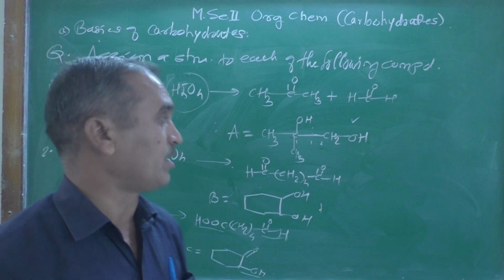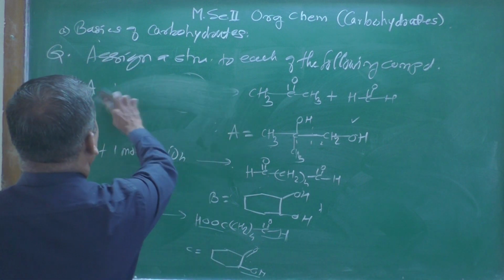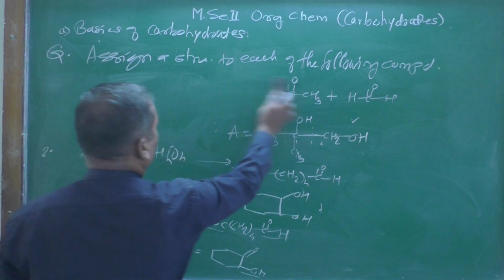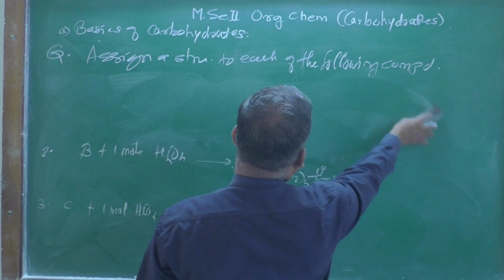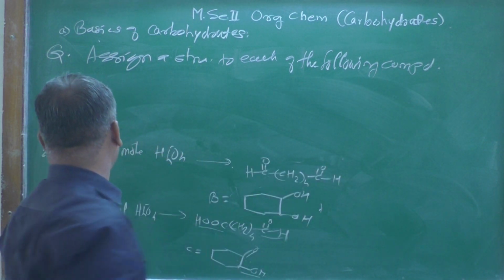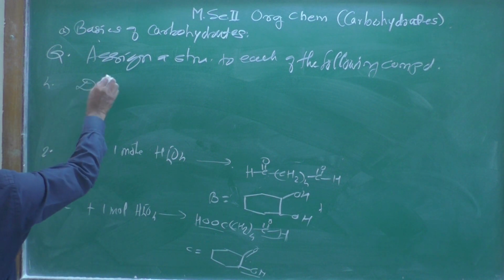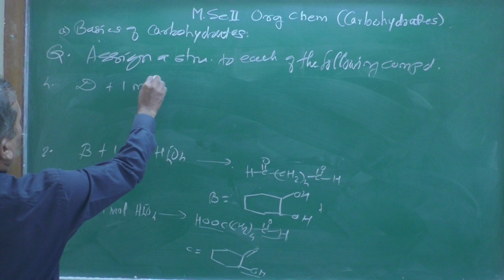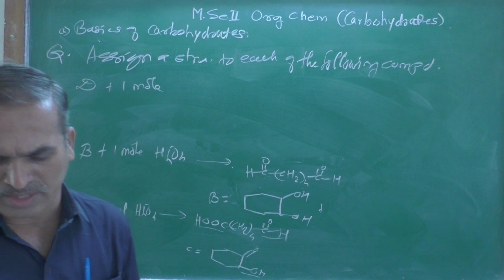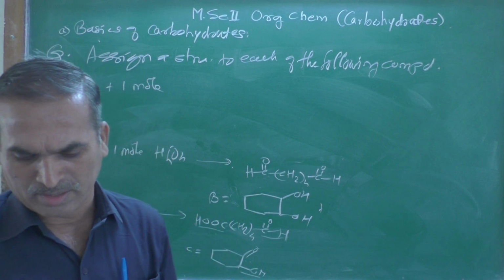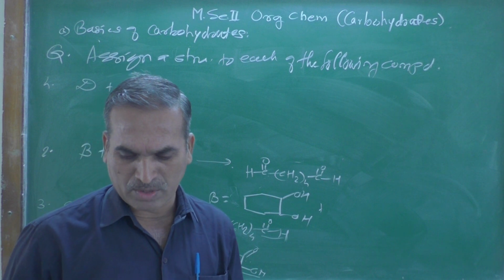So let us see one more example over here. From that you can easily find out its structure. Now is example number 4, D plus 1 mole. Here is a compound we are getting.